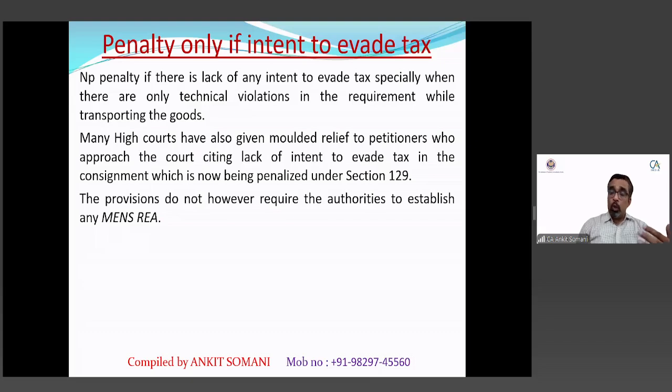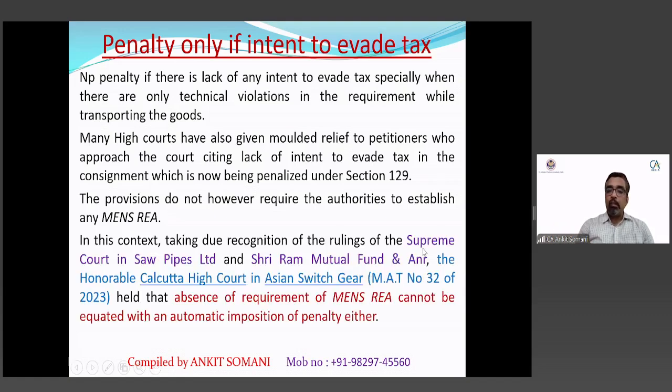Although the provisions do not require the authorities to establish any mens rea. See, Section 129 never deals with or involves any issue whereby mens rea is to be established in advance before levying any kind of penalty. No, this is not such a case. Then how can high courts give positive judgments?